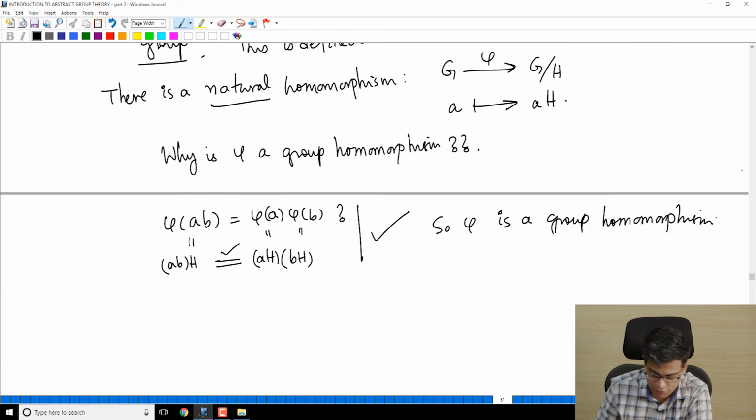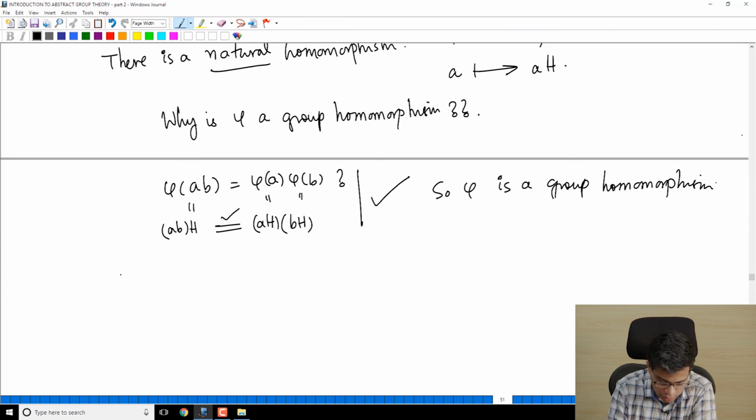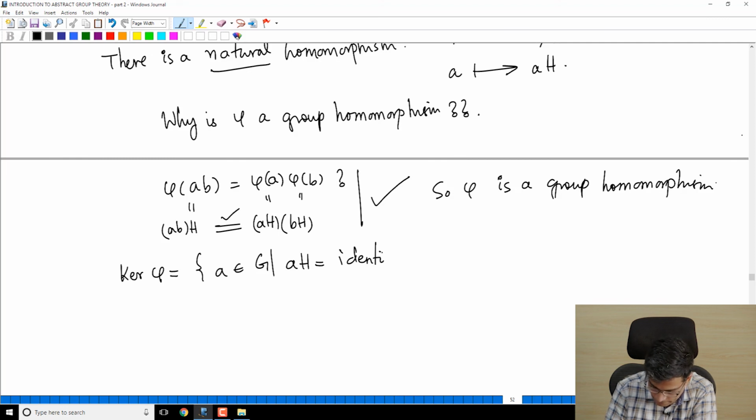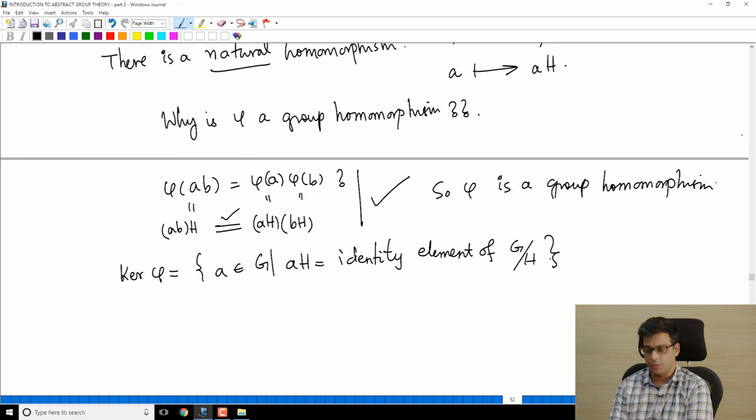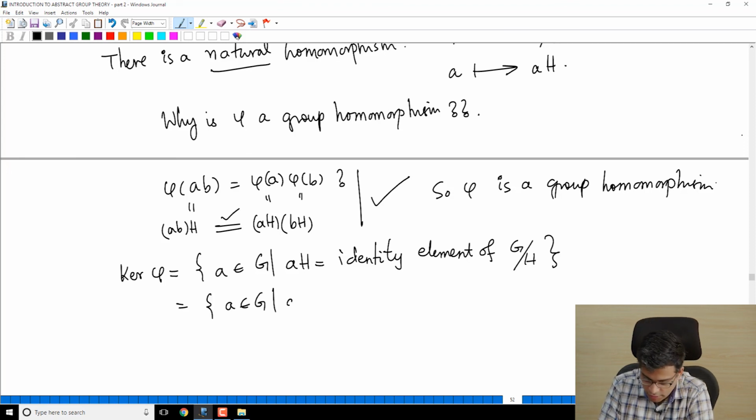What are the properties of phi? We can say the following. Kernel of phi, remember, is all A in G such that AH is equal to the identity element of G mod H, by definition. What is the identity element of G mod H?